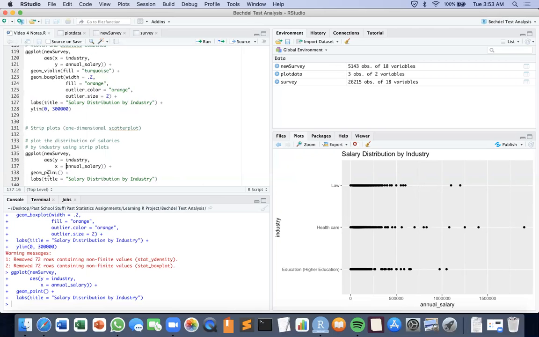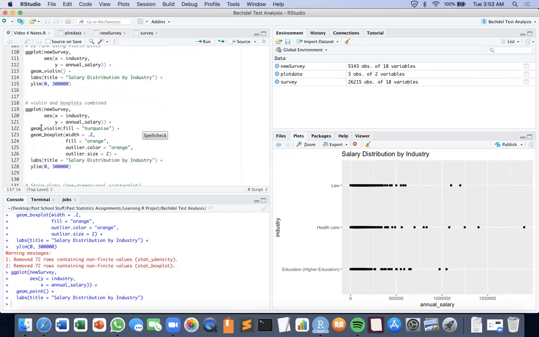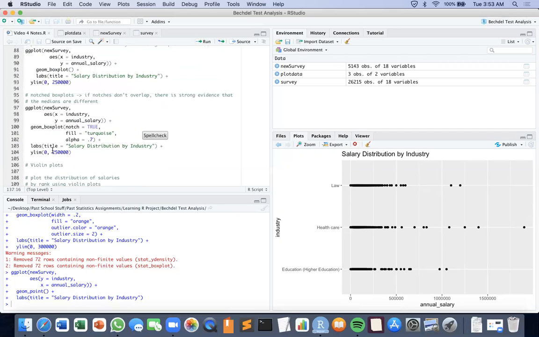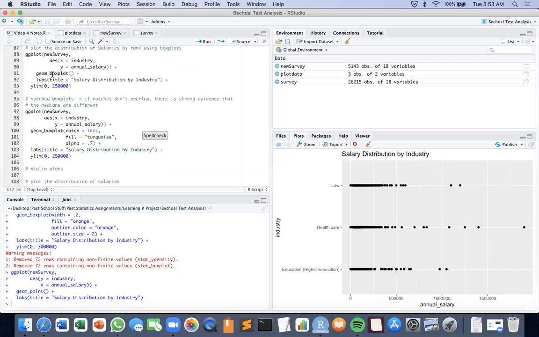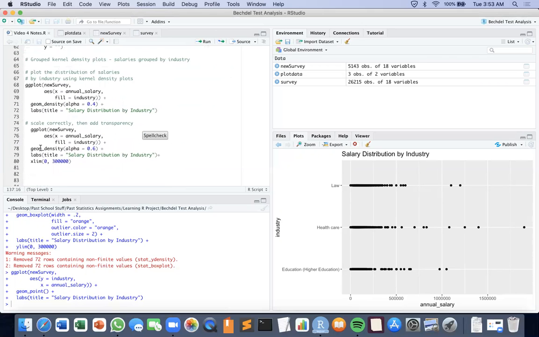So here we're adding geom_point again. If you remember, that's the exact same command we used when making scatter plots. Just here, the points end up on one dimension because we have these 3 categorical variables instead of another quantitative axis on the y-axis. Whereas elsewhere we use violin geometric objects, box plot geometric objects, bar objects, and density objects for kernel density plots.